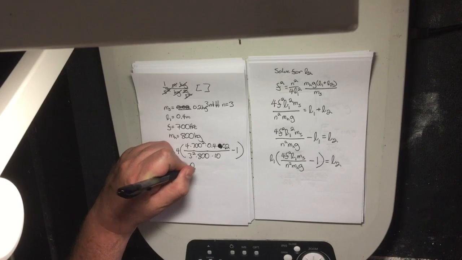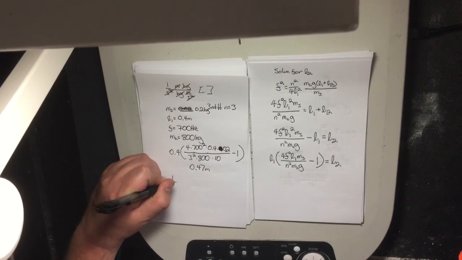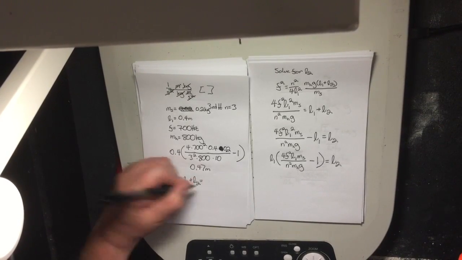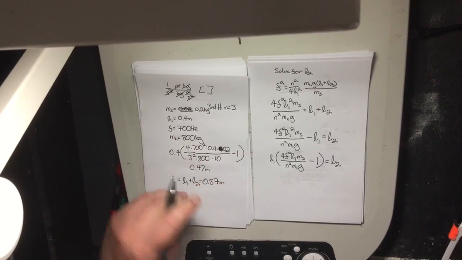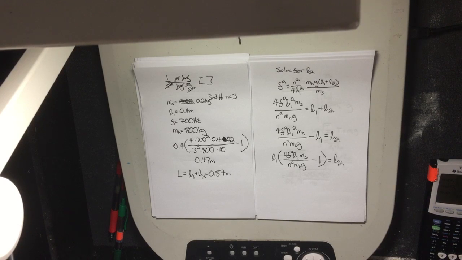So the number I get is 0.47 meters, which means L, the total length, L1 plus L2, is 0.87 meters. It could be that I asked for the total length of the string. Excuse me?